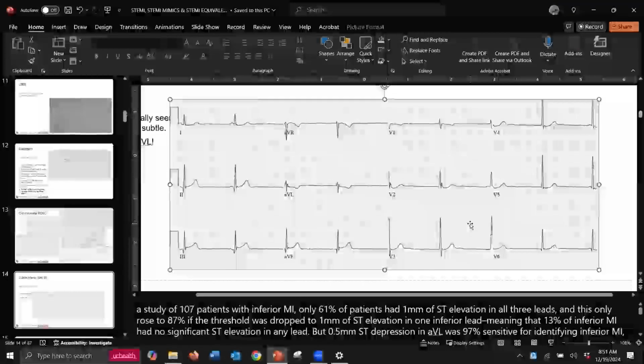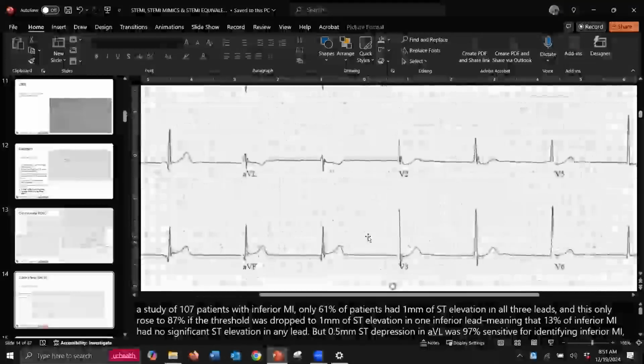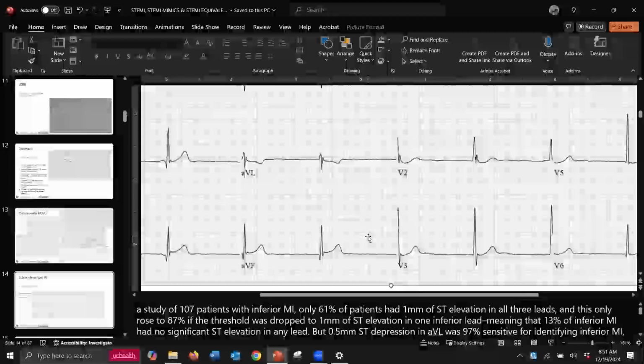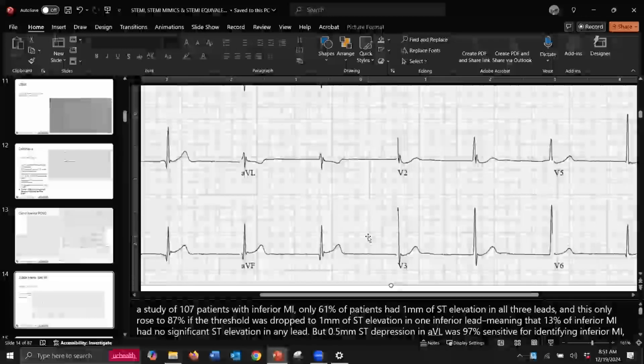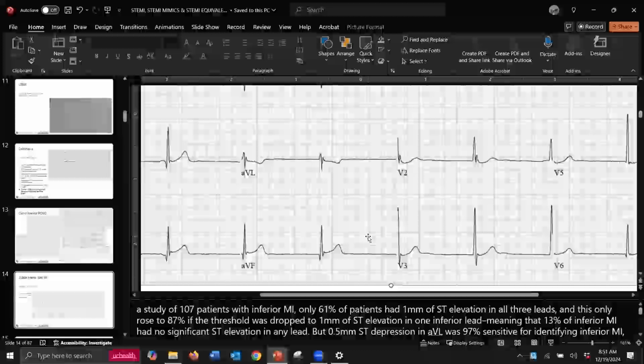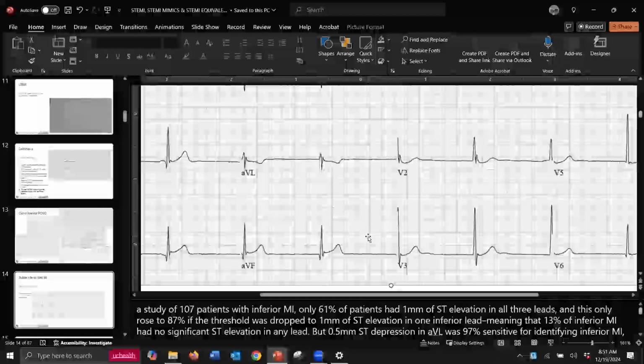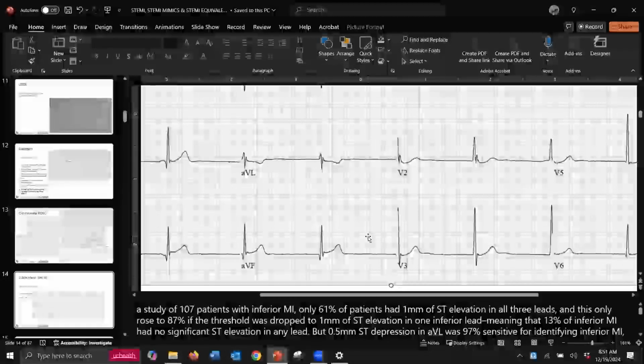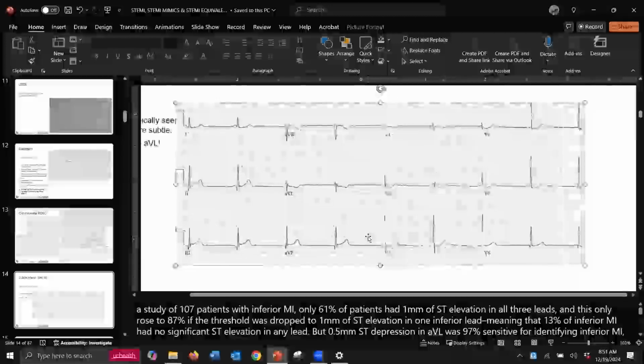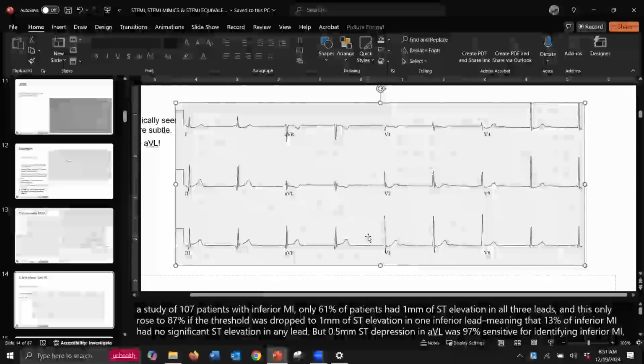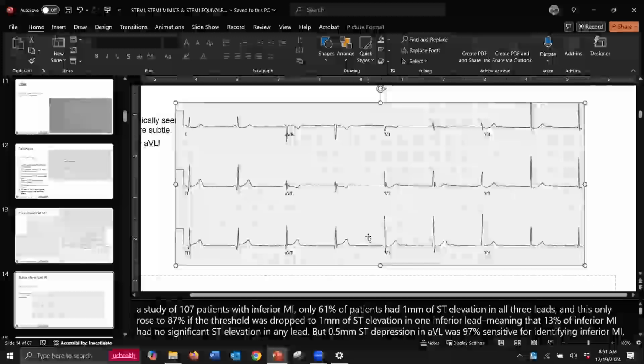Even if we say it needs to be greater than 1 millimeter of ST elevation, I think we're sitting right at 1 millimeter. Does this meet STEMI criteria? Not for elevation. Is there reciprocation? There is, just not enough. So it doesn't meet STEMI criteria.